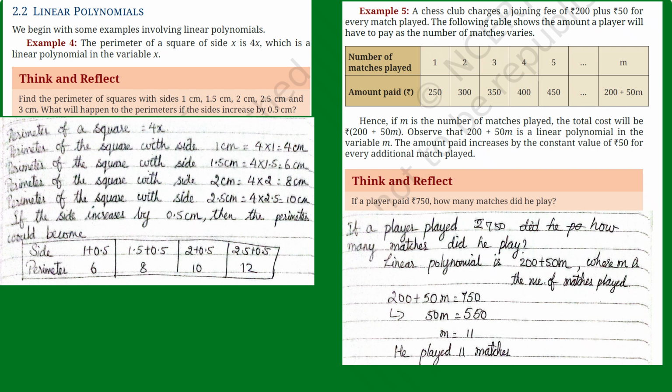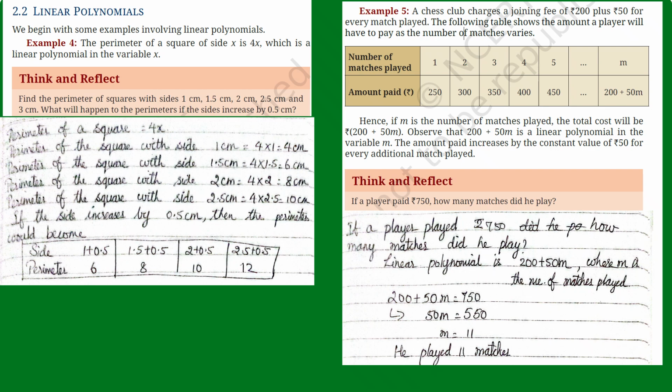So after joining, he pays 200. For the first match, he pays 50. For the second match, he pays 50 more. So for the 2 matches, he would have paid 100 rupees, and 200 plus 100 will be 300.